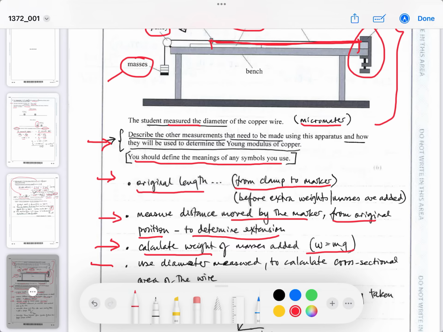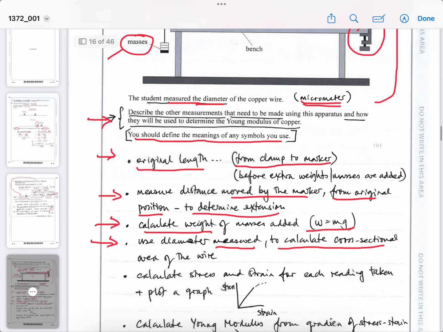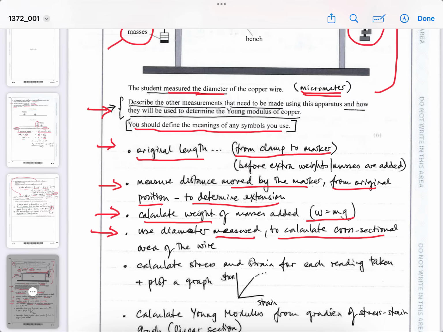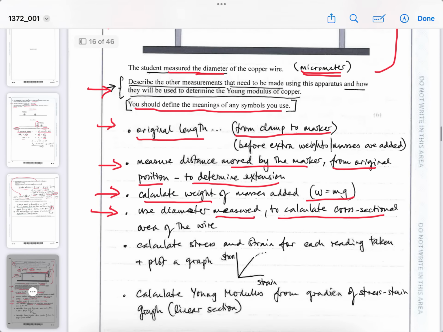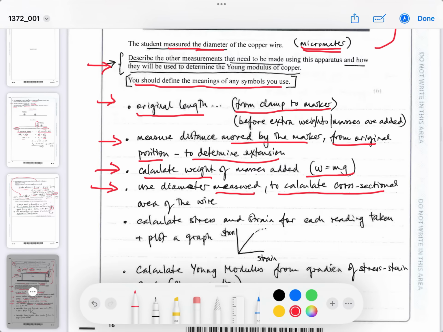Then you use the diameter measured, yes, here you've measured the diameter using the micrometer to calculate the cross-sectional area of the wire. Why do you need that? Because you need that to work out the stress of the wire, okay? So you have to calculate the cross-sectional area. And then what you then need to do is to calculate the stress and the strain, okay? So you calculate the stress and the strain for each reading taken, yeah?